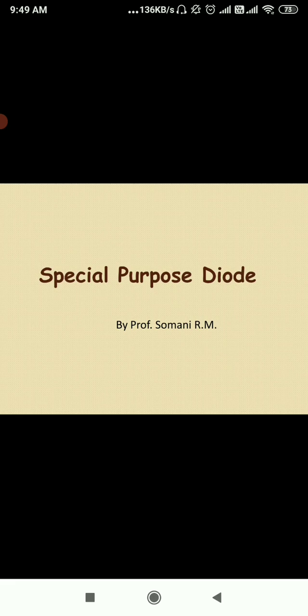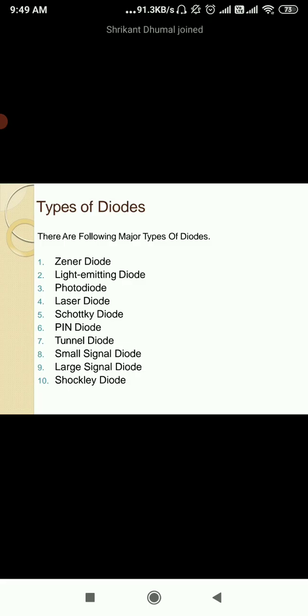In this fast developing world, there are lots of special purpose diodes like a Zener diode, LED, photodiode, laser diode, tunnel diode, pin diode, Schottky diode, small signal diode, large signal diode. These are the special types of diode which we can use for special applications, not only for rectification.